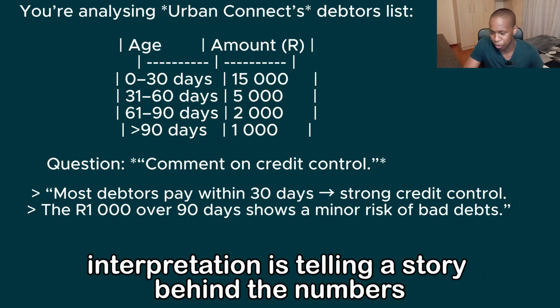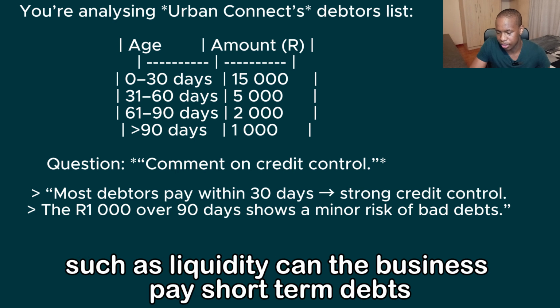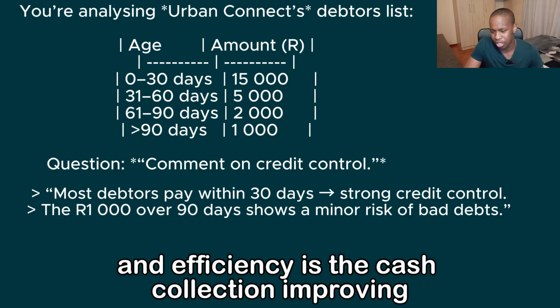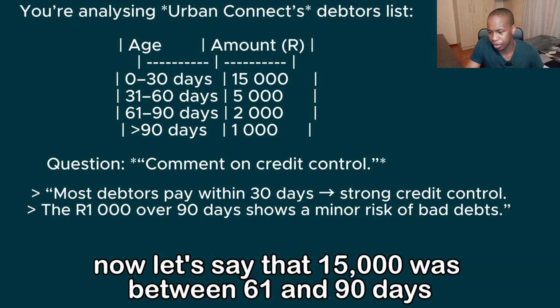Interpretation is telling a story behind the numbers, such as liquidity. Can the business pay short-term debts? And credit risk, are overdue accounts increasing? And efficiency, is the cash collection improving? Now let's say that 15,000 was between 61 and 90 days.